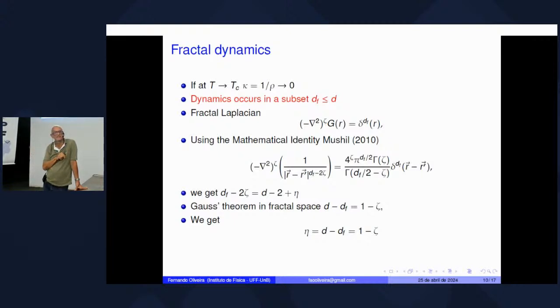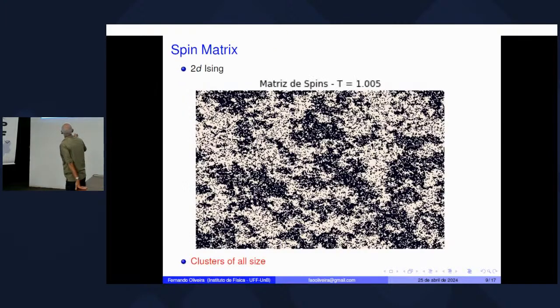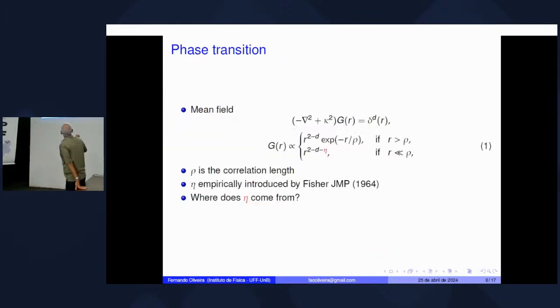So that is the idea. So we are going to get all the equations. Remember that we have an equation like that, minus the Laplacian, plus kappa squared, where kappa is the inverse of the correlation length. So we are going to take this equation here on fractal space.